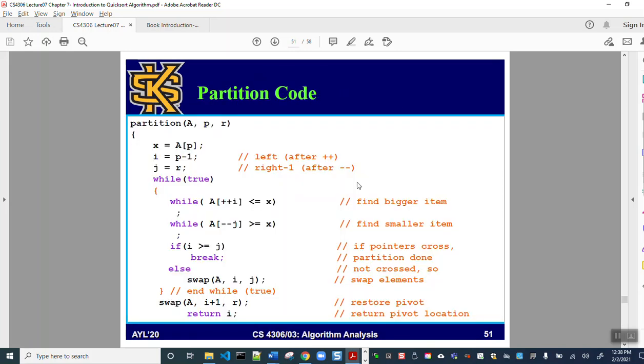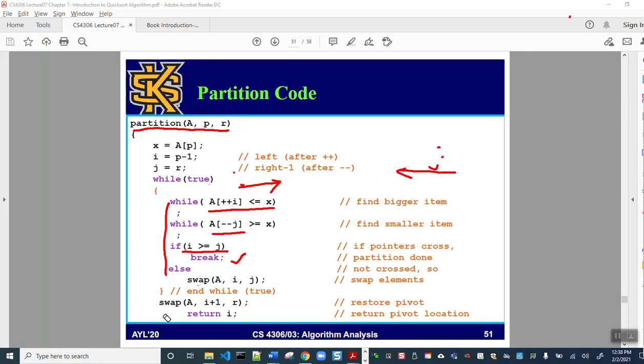Then, this while loop can be implemented in different ways. We can say while i is less than j, or we can say while true. While true means where is this true coming from, right?